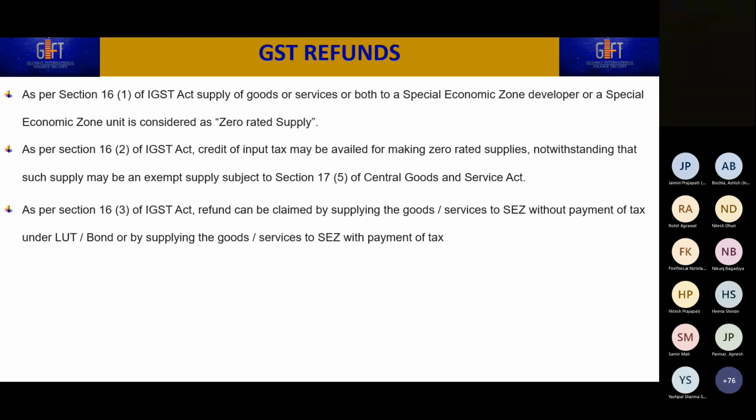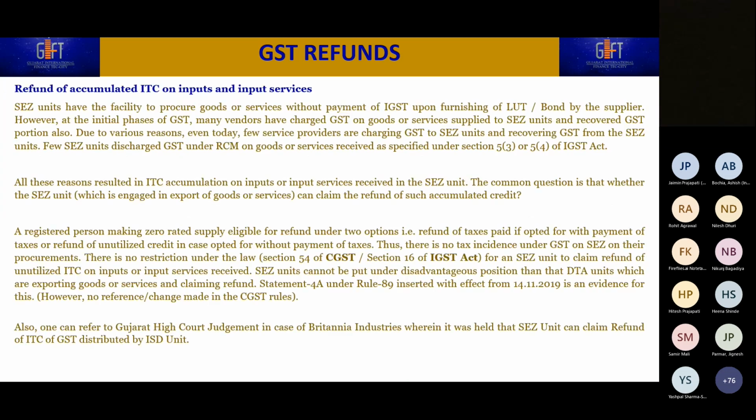There are a few favorable court cases. One is from Gujarat itself. The first case was for Britannia. Next slide, Prakash. They were getting some common input credit from head office, and the department disallowed the ICD credit, corporate HO credit, and disallowed their refund claim.